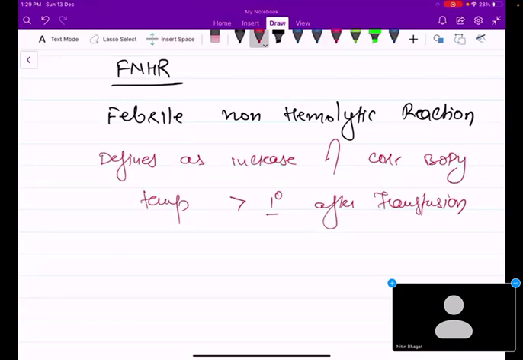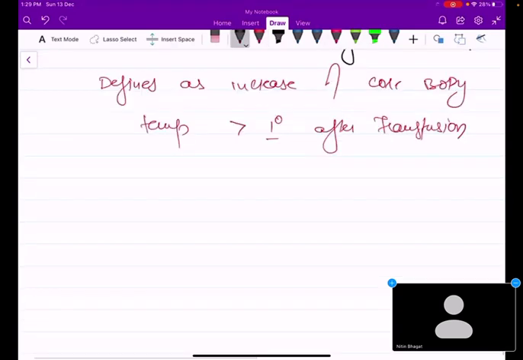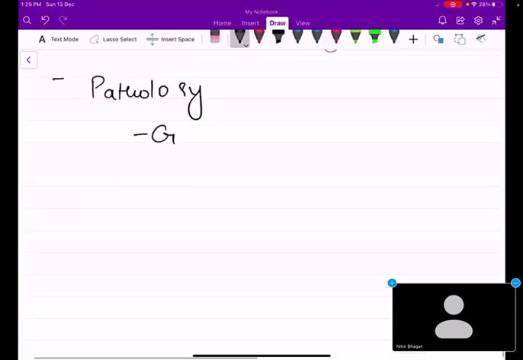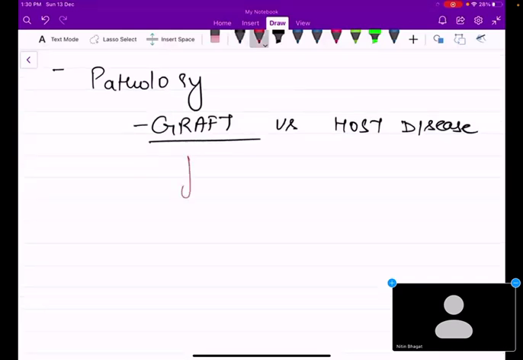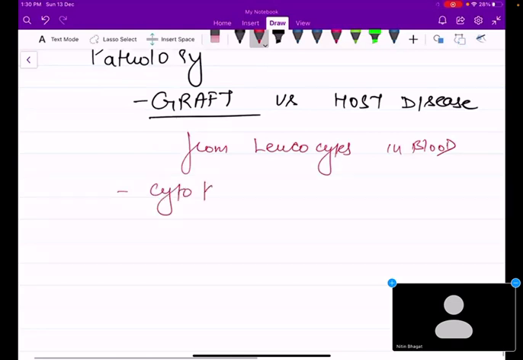So what is the pathology? Why does this happen? Pathology is graft versus host disease, that means it occurs from leukocytes in the blood. Cytokines are the chemicals which cause fever.